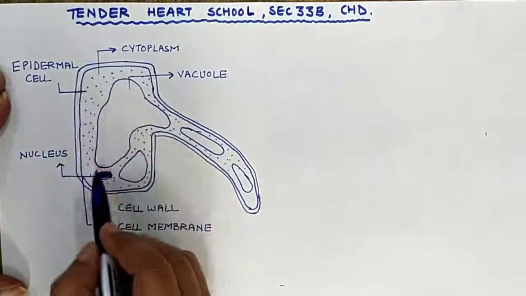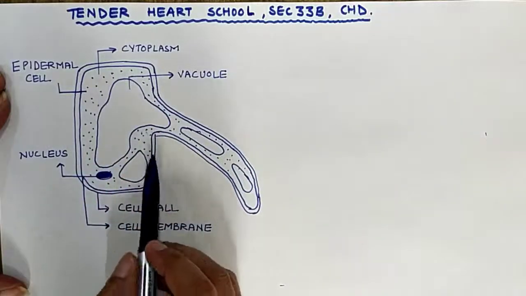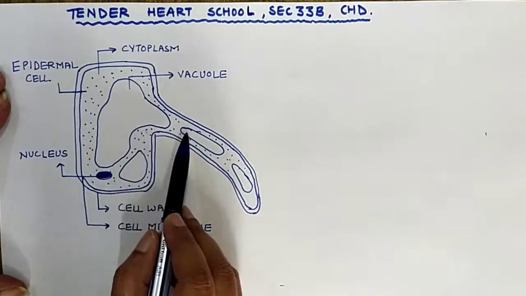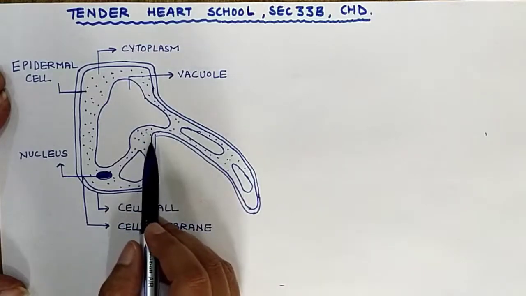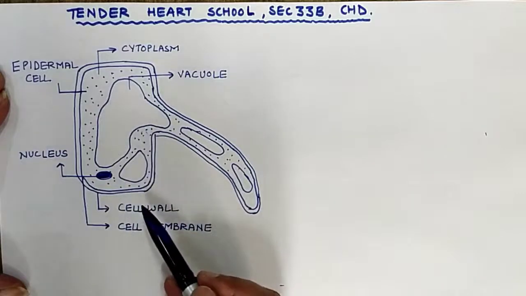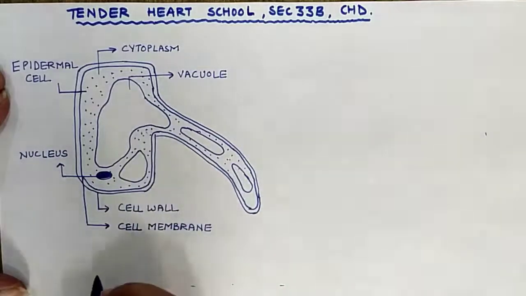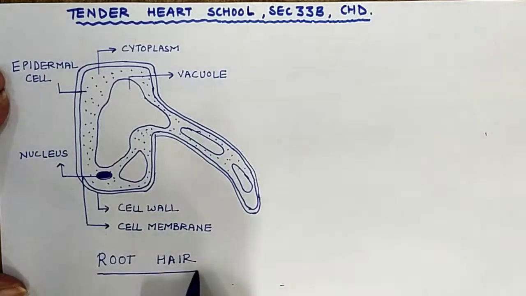The cells of the epidermis are normal plant cells, but this normal plant cell has an extension which is forming the root hair. Otherwise, all the parts present in a plant cell you can show here, right? So this is your root hair. Diagram of root hair, right? So this way you have to label all the parts of the root hair.